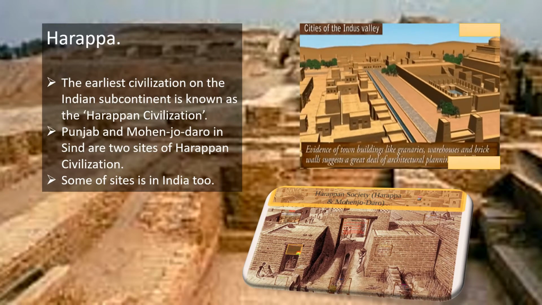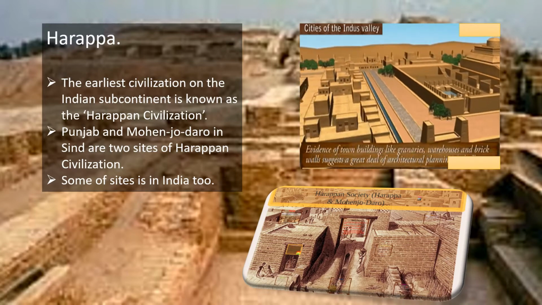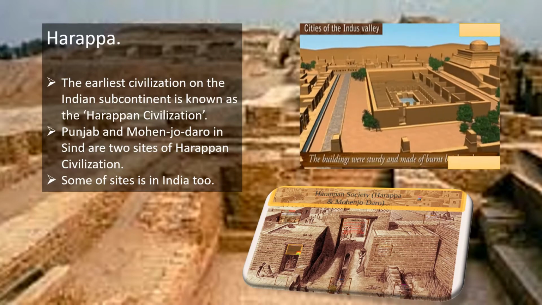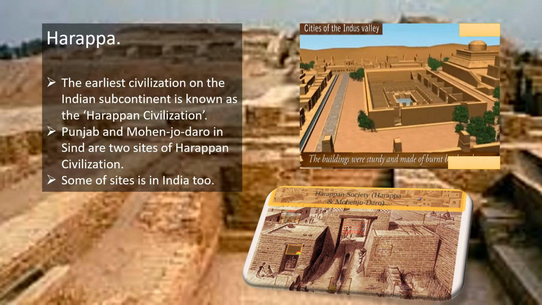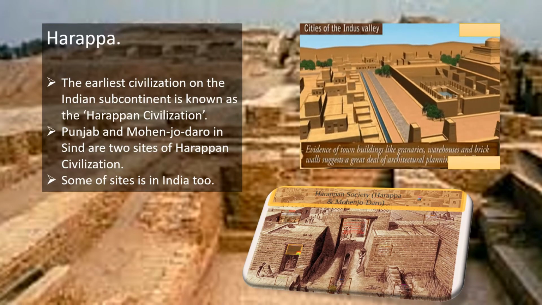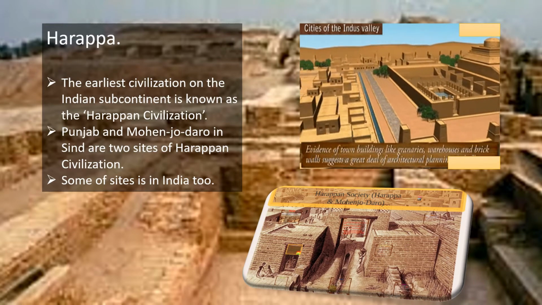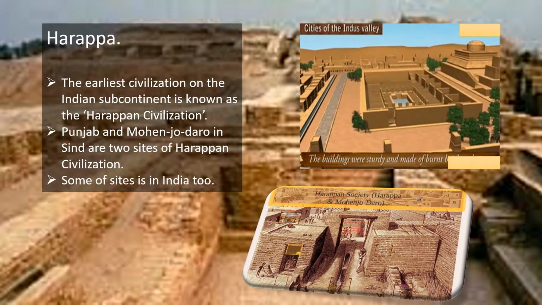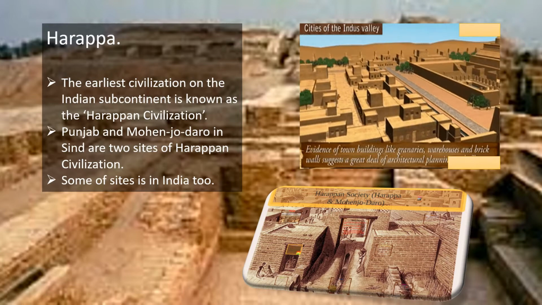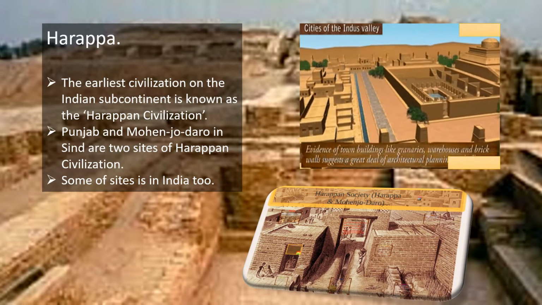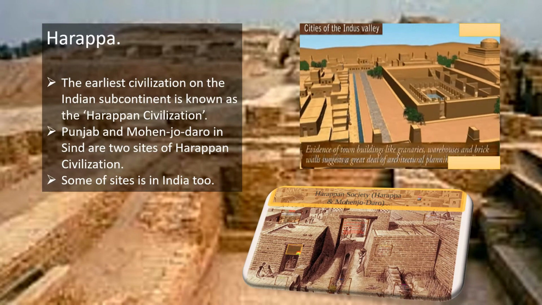Harappa in Punjab and Mohenjo-daro in Sindh are the two sites of the Harappan civilization to be discovered first. Now they are in Pakistan. Lothal and Dholavira in Gujarat and Kalibangan in Rajasthan are among the famous cities of the Harappan civilization in India.